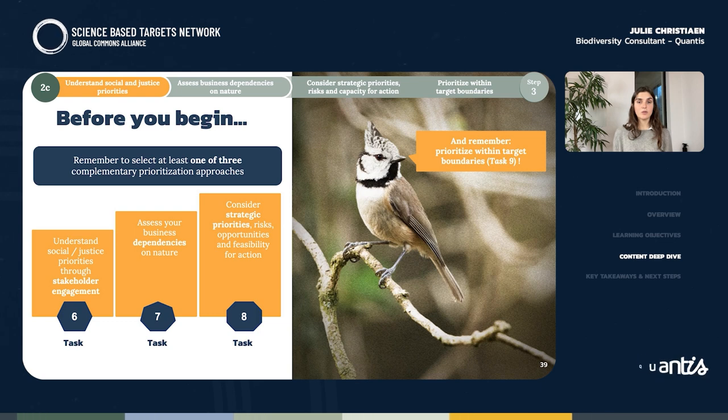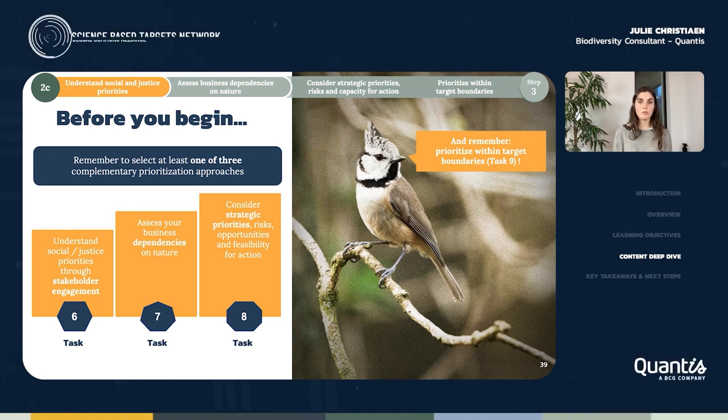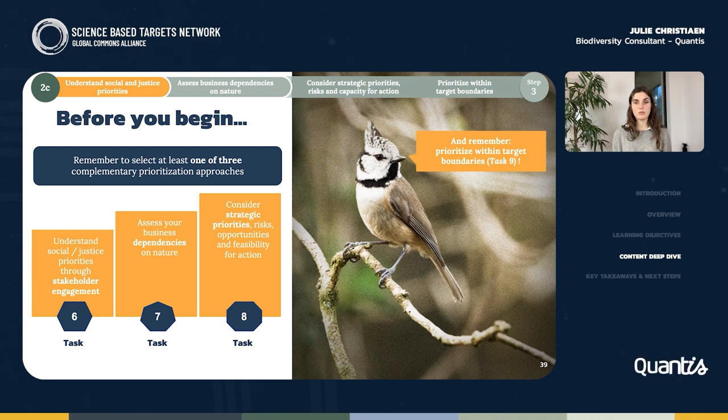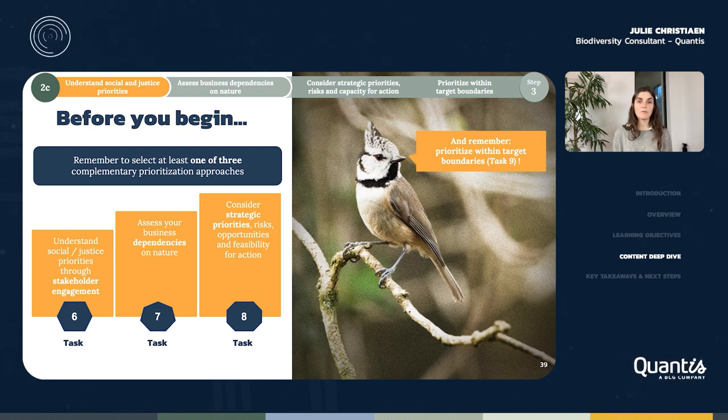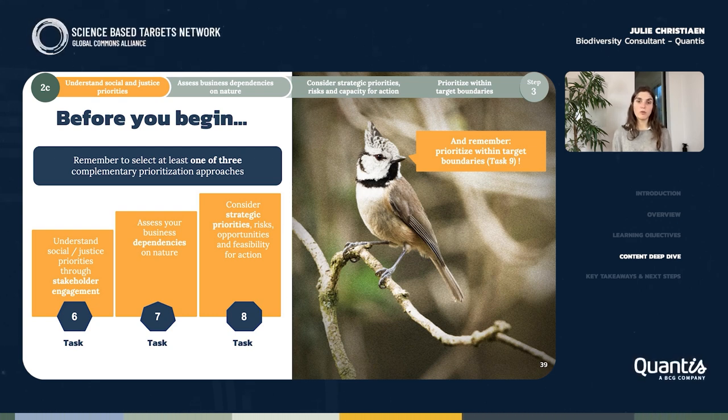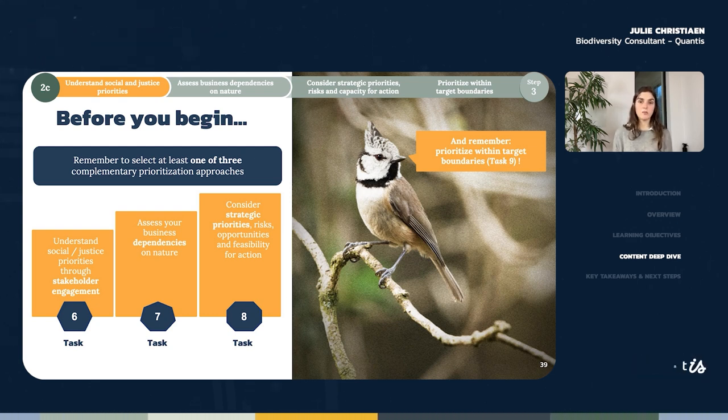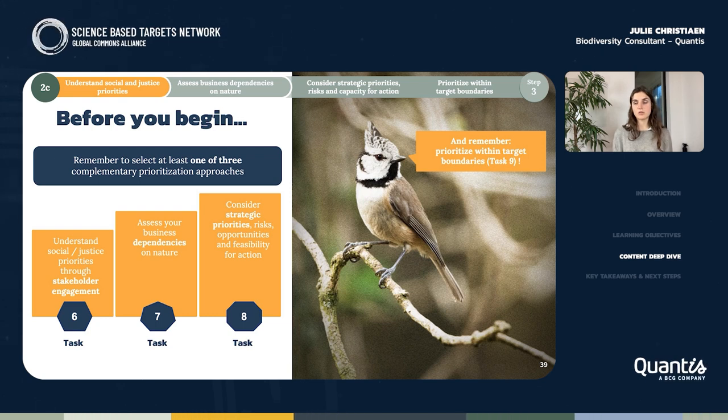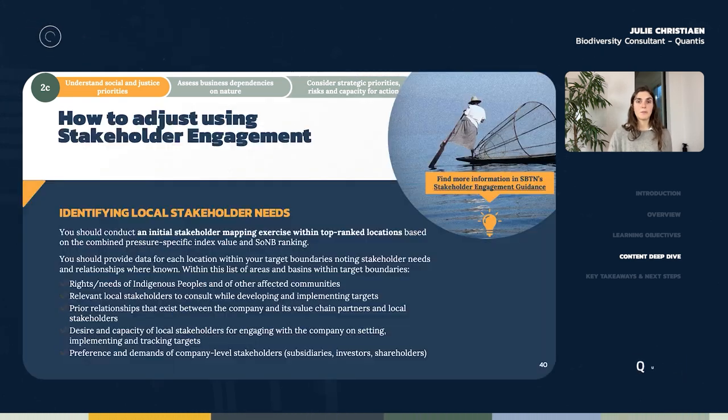You must provide a written explanation supporting any rankings coming from these complementary approaches so that the validators can interpret and improve the reasoning for re-ranking the most materially relevant sites from an impact perspective. Validators may also ask for additional justification before approving the company's prioritization based on financial, strategic, or social considerations.